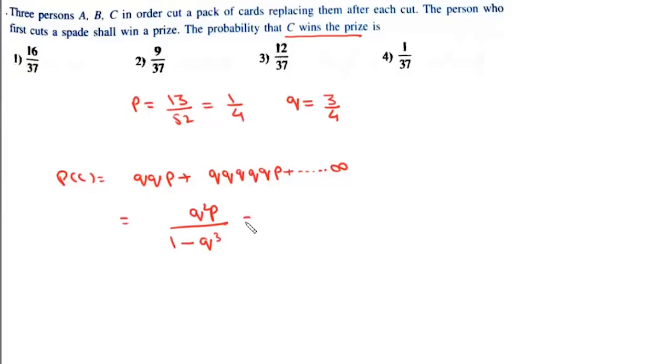So that is the required probability. Now Q is 3 by 4, so it will be this 9 by 16. P is 1 by 4, and here it is 1 minus Q cube, which is 27 by 64. So this probability will be 9 upon 64 minus 27, and which is 9 by 37, and that's your option 2.